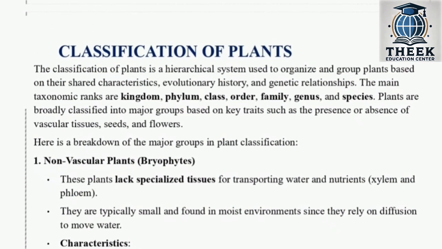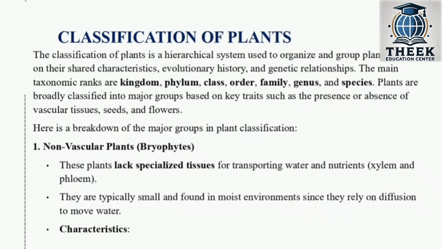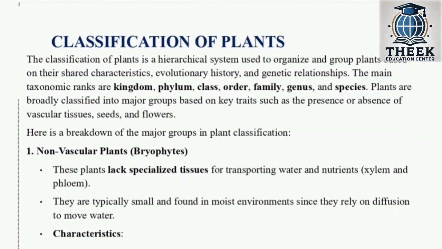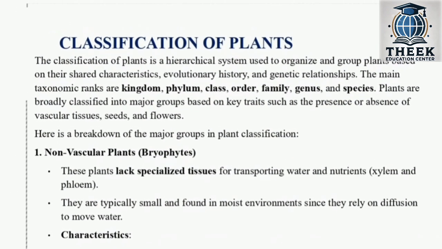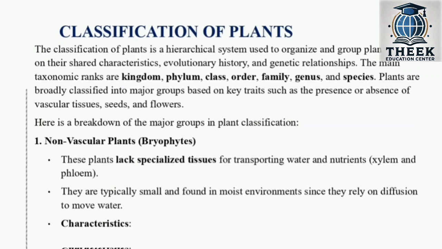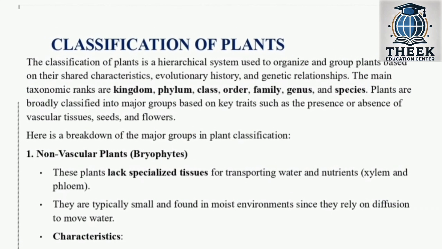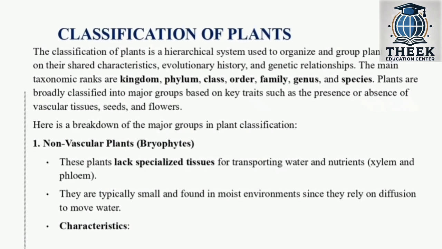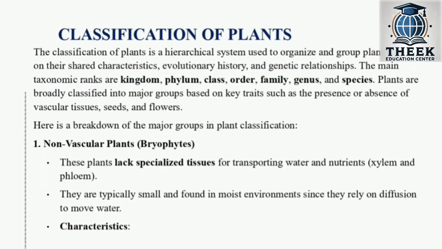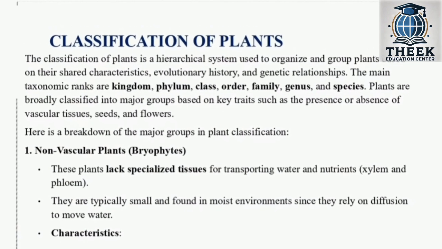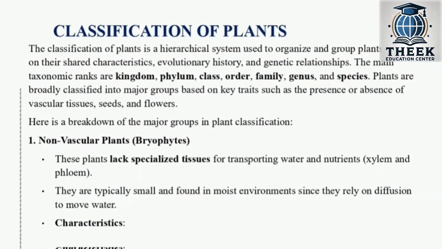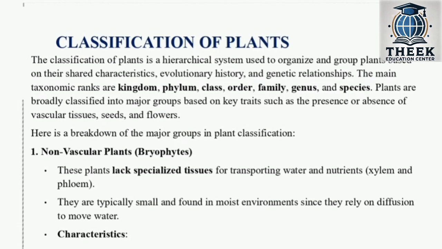So kingdom is the largest taxonomic unit, followed by phylum, that is phylum in plants and division in animals, while species is the smallest taxonomic unit, just below the genus.